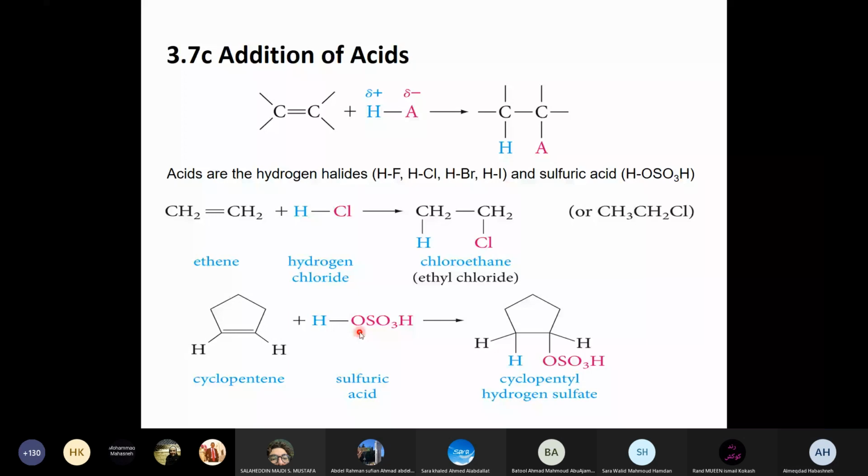Okay, guys? Hydrogen is added to one of the carbons at the double bond, while the conjugate base is added to the second carbon.